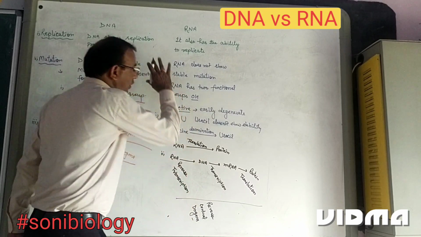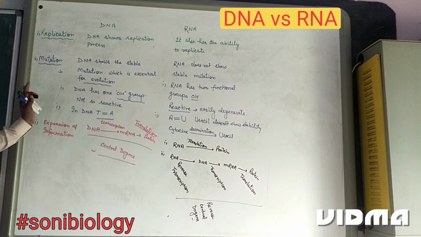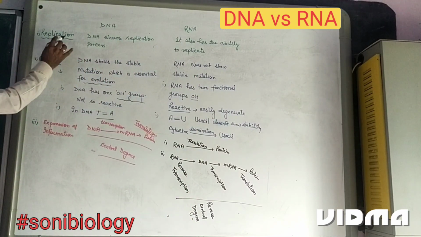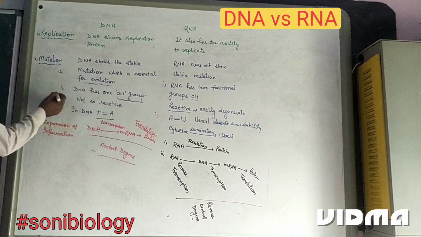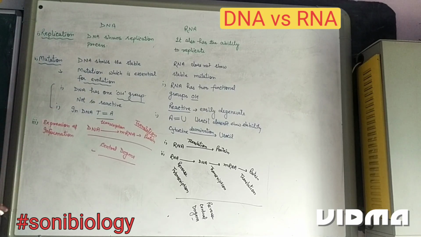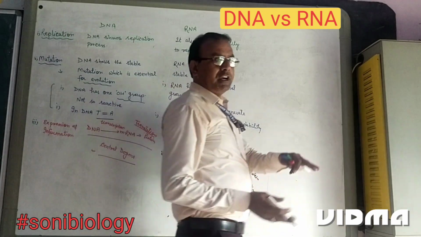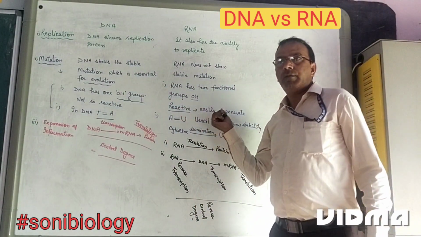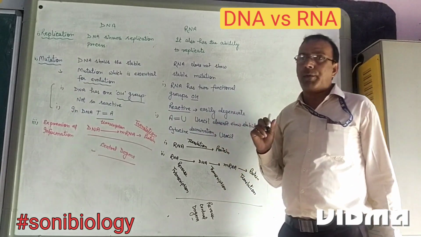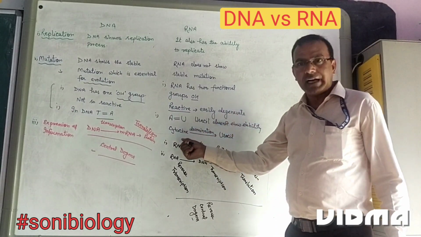On behalf of these differences, such as replication, mutation, and expression of information, as well as the other part, nitrogen base: as we have seen, in DNA adenine bonds with thymine with two hydrogen bonds, but in RNA it bonds with uracil, and uracil is formed by the deamination process of cytosine.